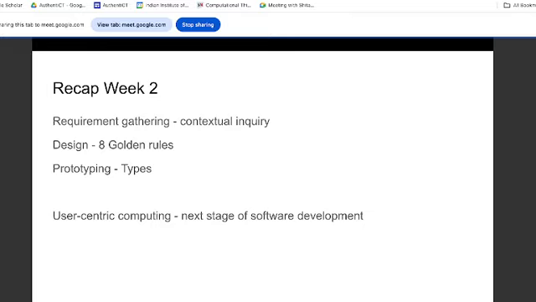Then we went to the design phase. After requirements are gathered, we go towards designing, and in designing we studied the 8 golden rules of design by Shneiderman. Based on those design guidelines, if we can design a particular system or software, we might be able to incorporate user centricity at the design stage itself.